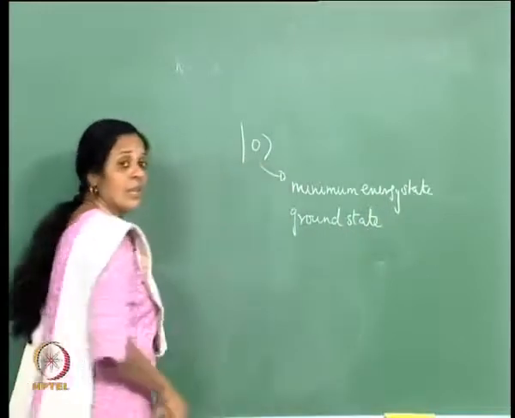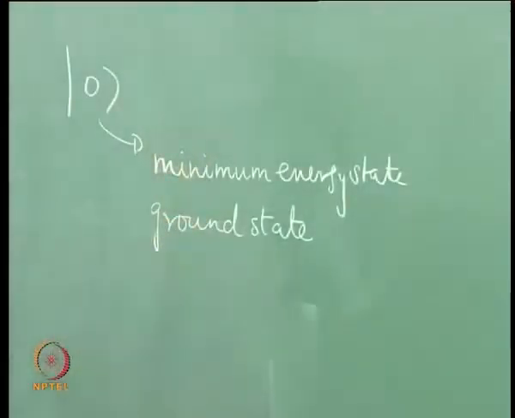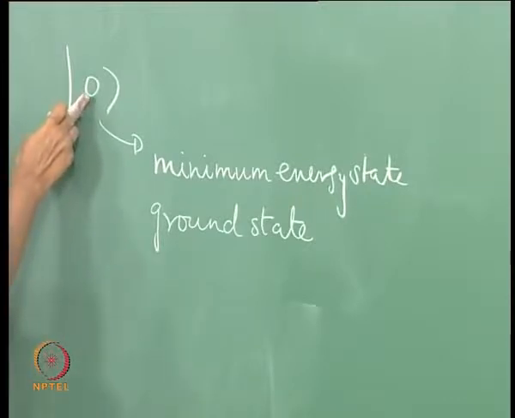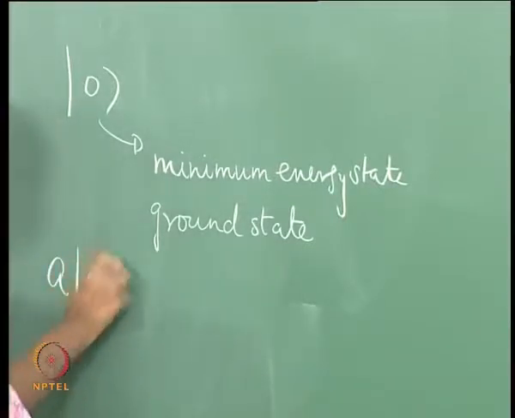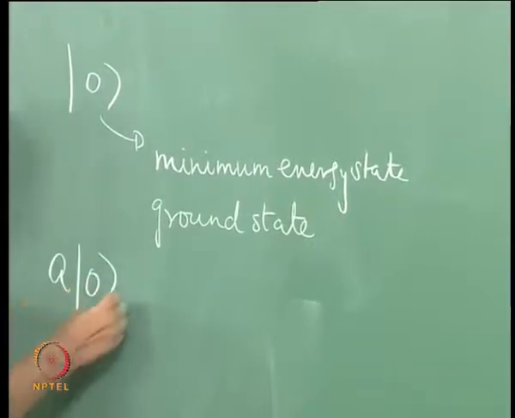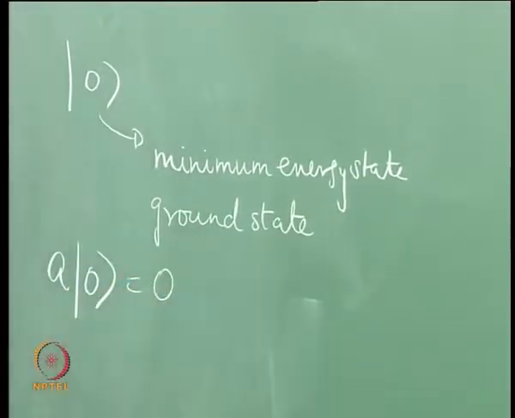it is not the null vector. It need not be a state with energy value equal to 0. This is simply a label. So n is equal to 0 denotes the lowest energy state. So we get to this lowest energy state such that when I act with A on that state, it should simply give me 0.